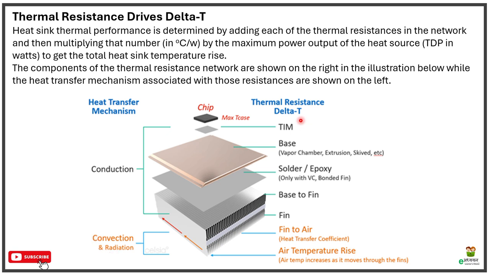And on this side, you can see the thermal resistance. Here we use a material to fix this chip, paste in between, that is a heat resistance. Then again, the base will be a heat resistance. Then we use solder or epoxy to fix this, and that is also a heat resistance. And finally, the base and fins.